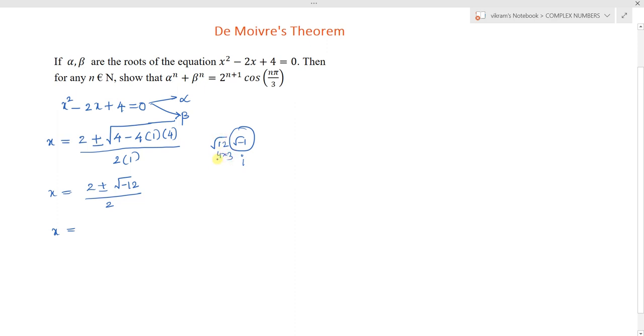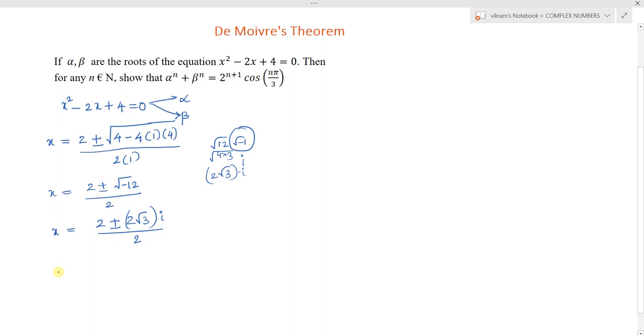Square root 4 we can write as 2, so it is 2 root 3 into i. The resultant is 2 root 3 into i. Then we can write 2 plus or minus 2 root 3 times i by 2.